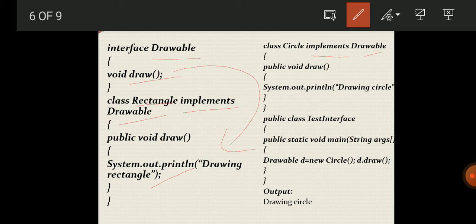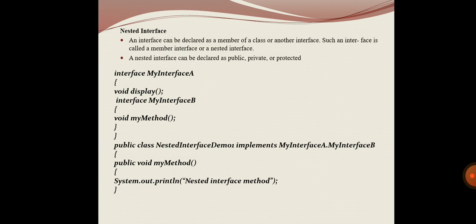Again we are using the draw() method, in which we are drawing a circle. Next, the public main method. We are creating an object for Drawable, and calling Circle as well as draw(). With d.draw(), it is drawing the circle.